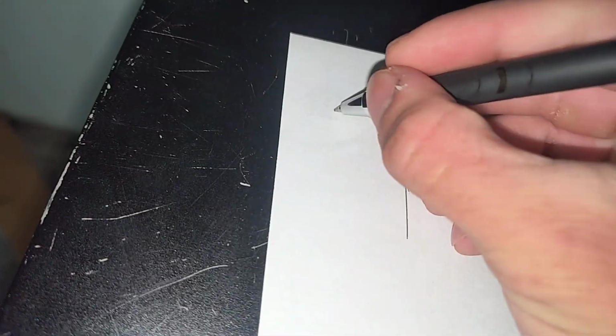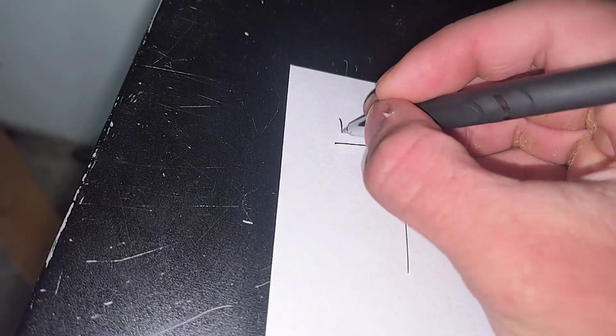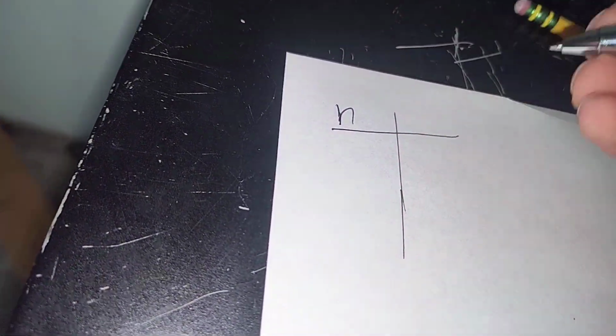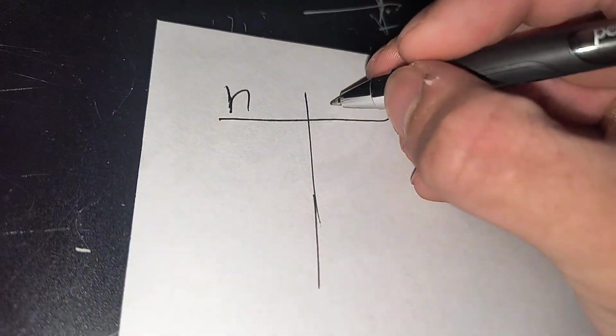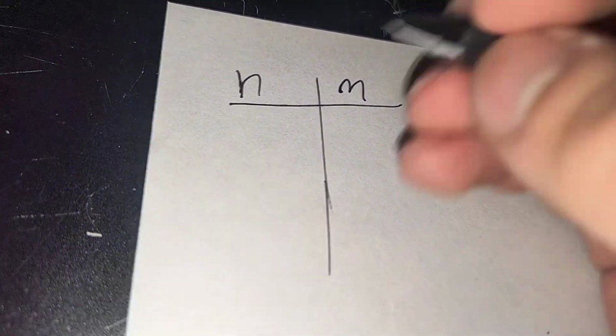Like, let's say the height. So we made a table with the height on this end, and the time or month on this end, let's say.